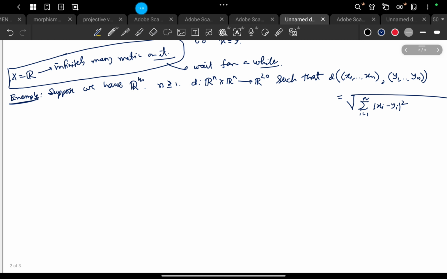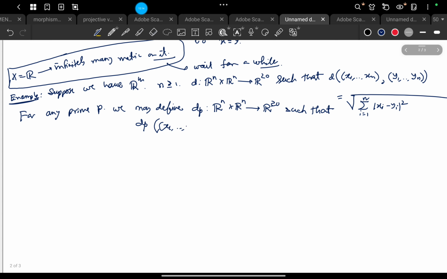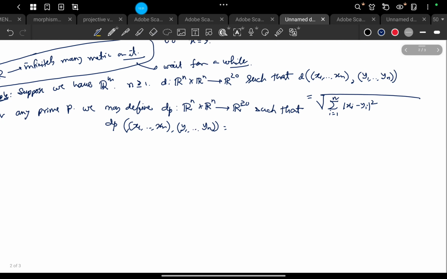Similarly, for any p, you may define d_p from R^n cross R^n to R, greater than or equal to 0, such that d_p of (x1, ..., xn) comma (y1, ..., yn) is equal to the sum over i equals 1 to n of modulus of xi minus yi to the power p, whole to the power 1 by p.